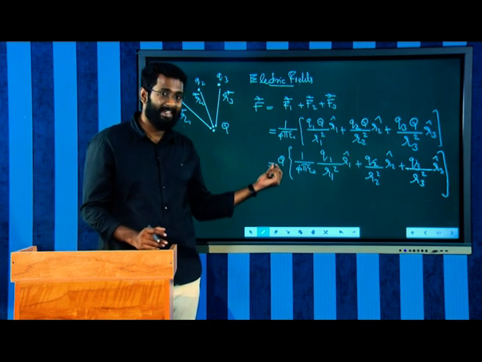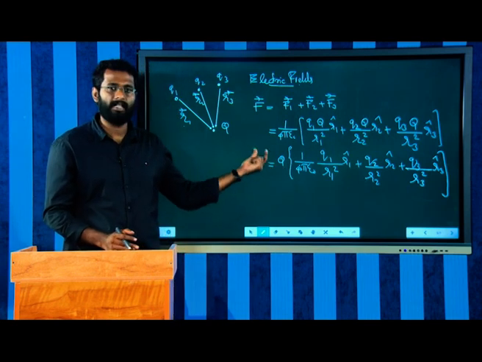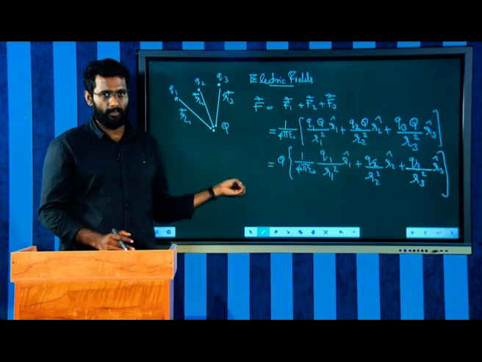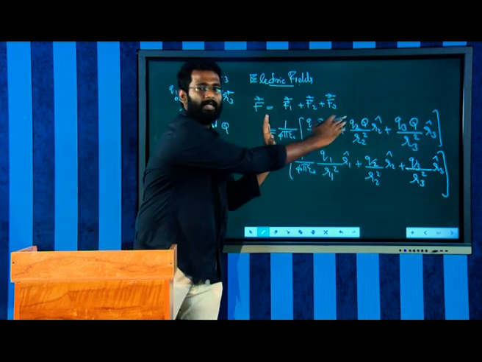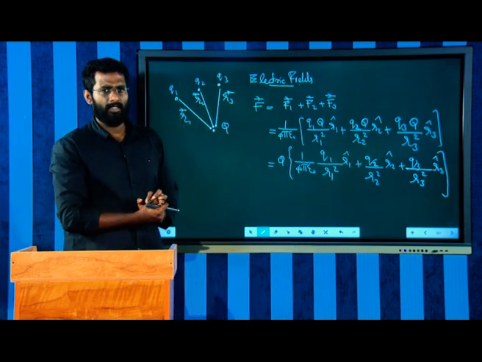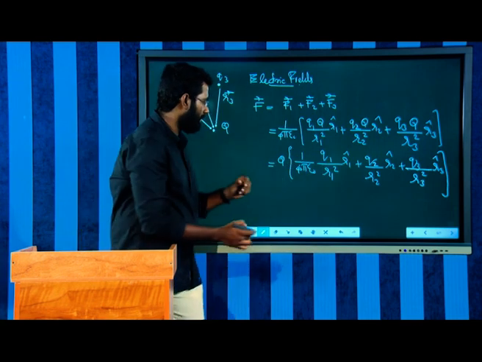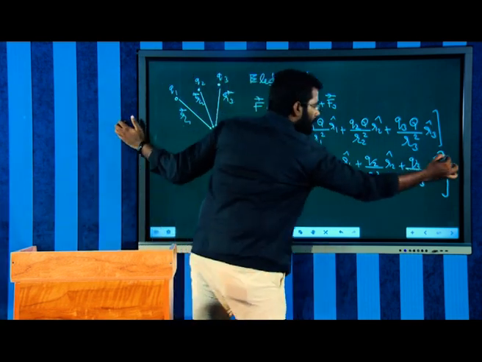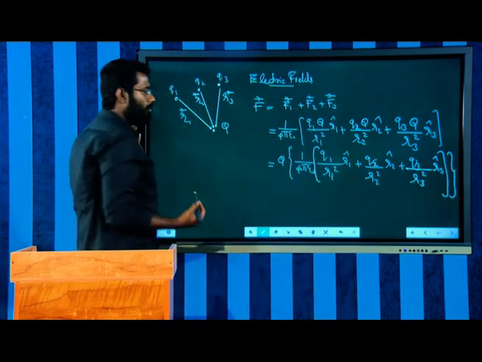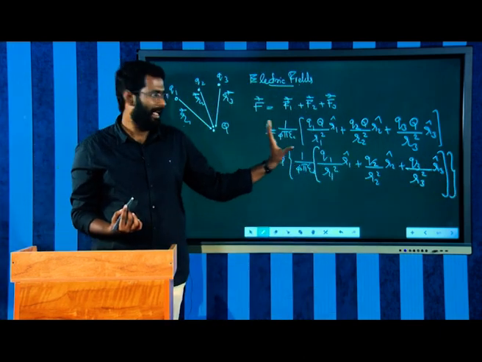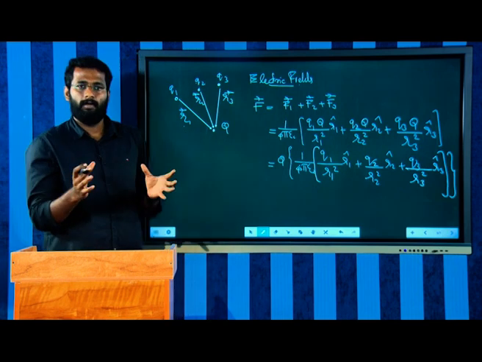Now what we have done here is we took the capital Q, the test charge, outside, and the remaining is put in a single bracket. What is that term inside the curly bracket?